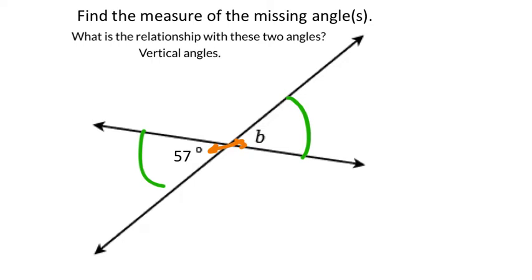Okay, well, since they're vertical angles, that means that these two angles are congruent. All right, well, maybe we've forgotten what congruent means. This means that they are exactly the same. So in other words, if this angle right here is 57 degrees, its vertical angle will also be, you guessed it, 57 degrees.